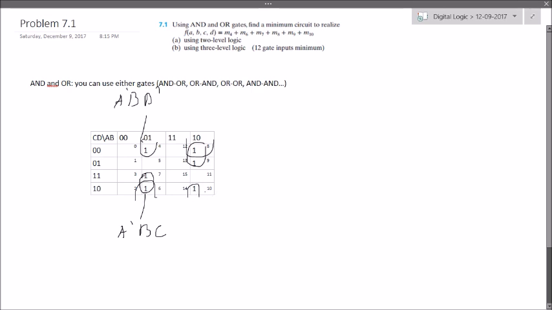This one is A B prime, C prime, and this one is A B prime and C prime.